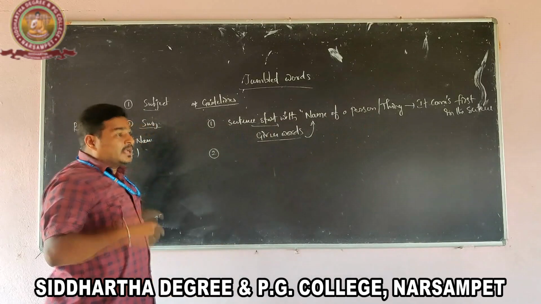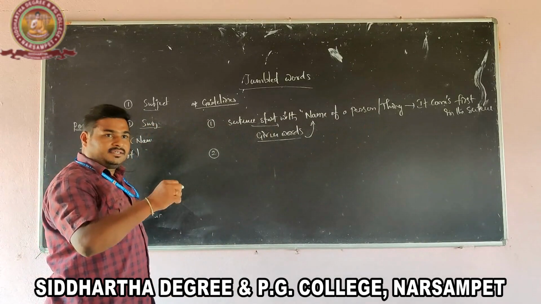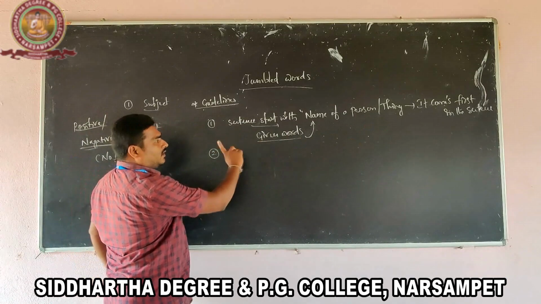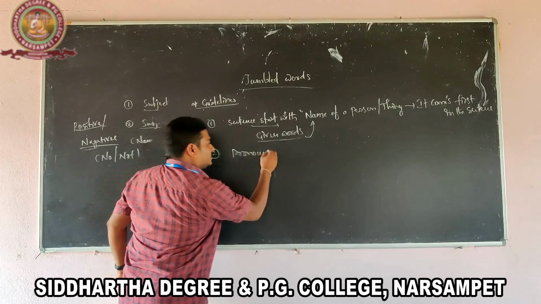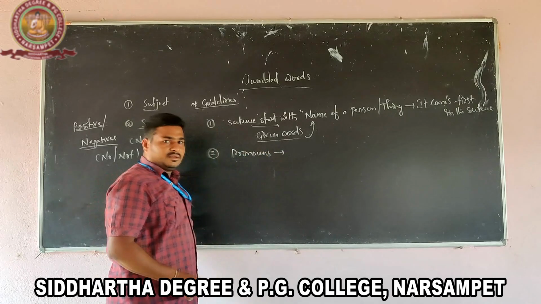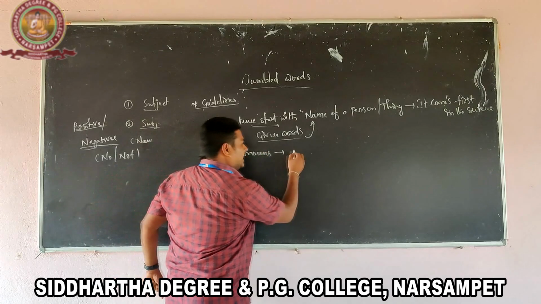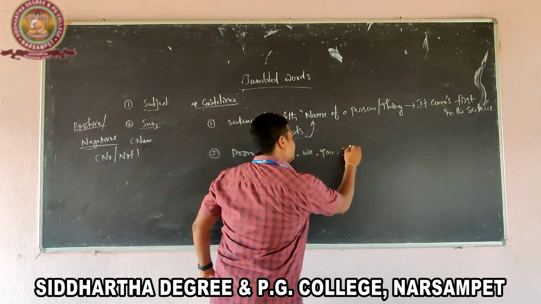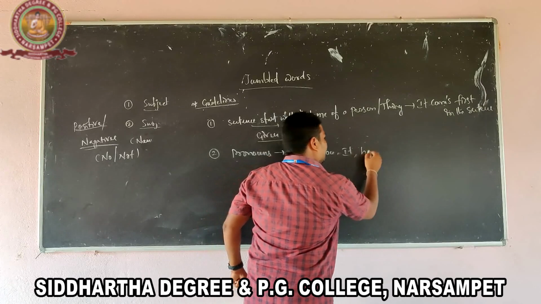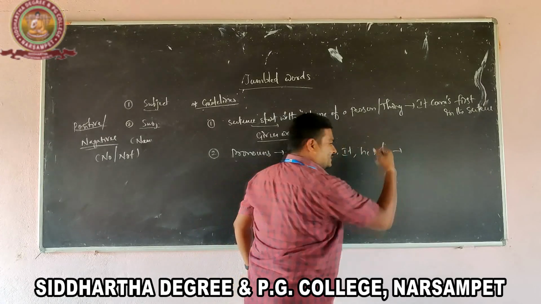The second one is: sometimes the words given do not include the name of a person, but use pronouns. The pronouns are like I, we, you, it, he, she, like this.